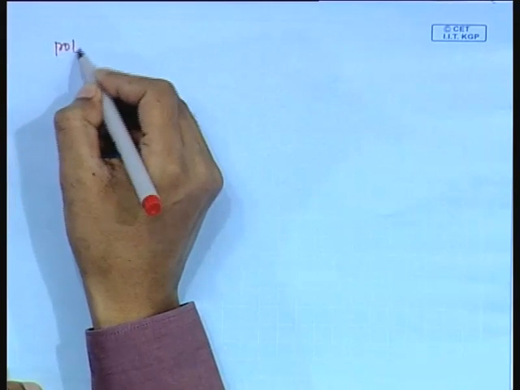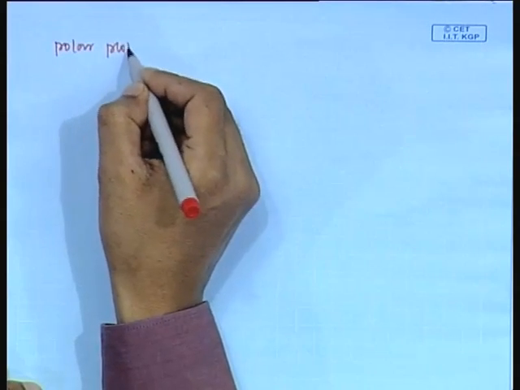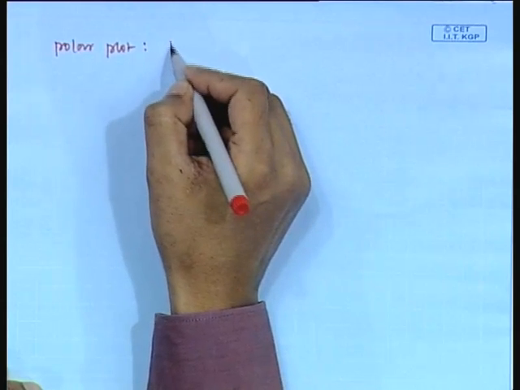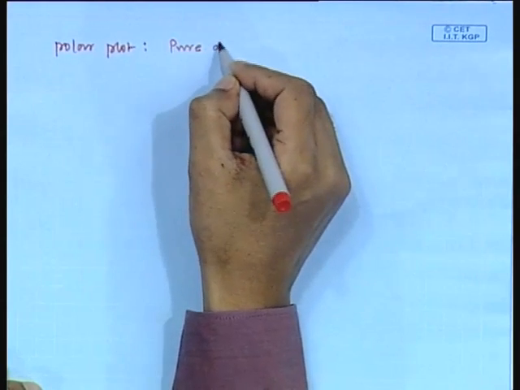We can take another example like a pure delay system. How can we construct the polar plot of a pure dead time?